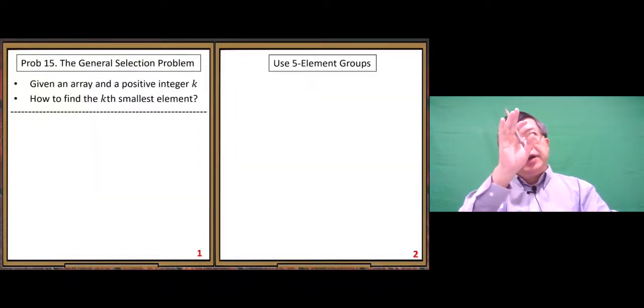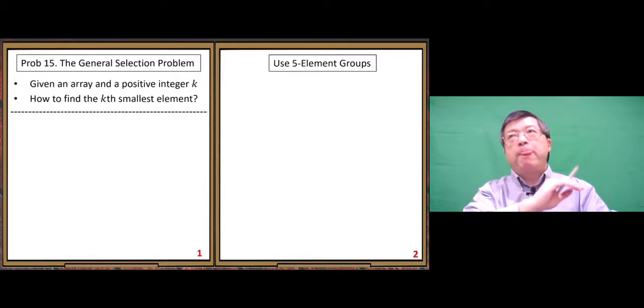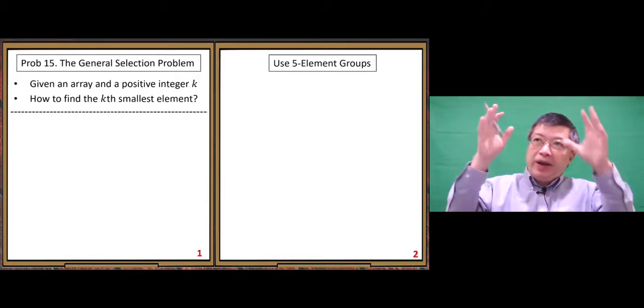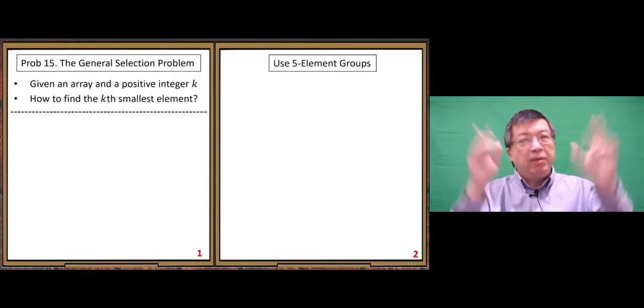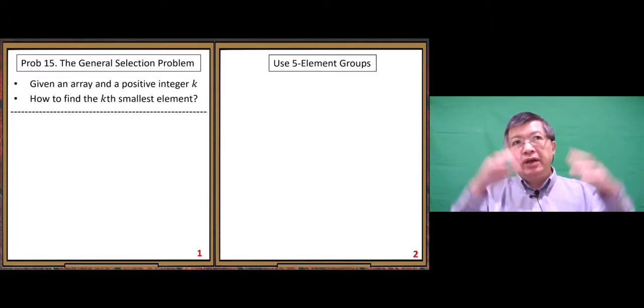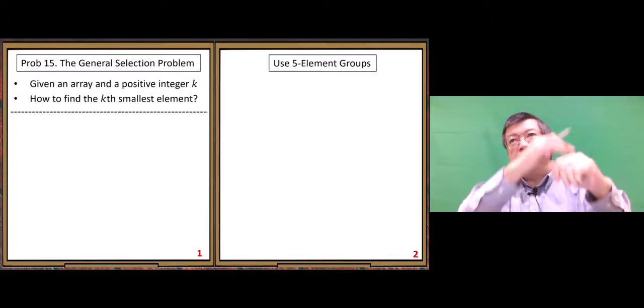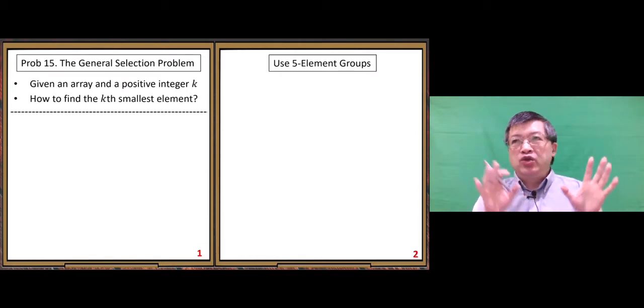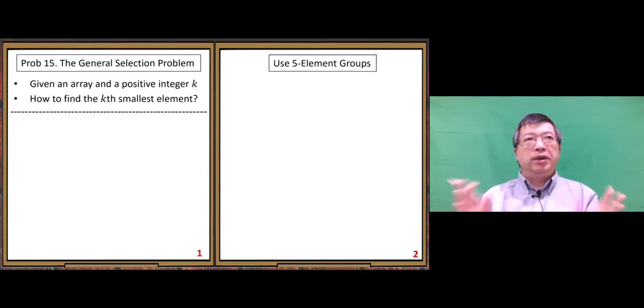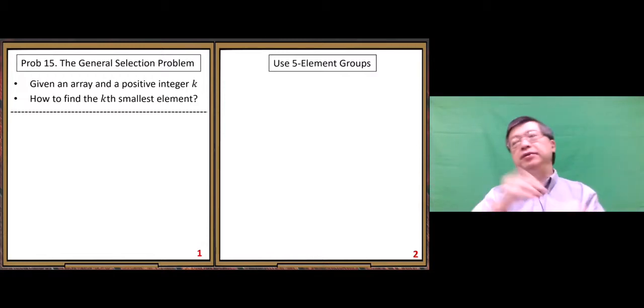All right. So before we start, let us do some analysis on our failed effort. In the previous video, we tried very, very hard, but at the end, we failed.